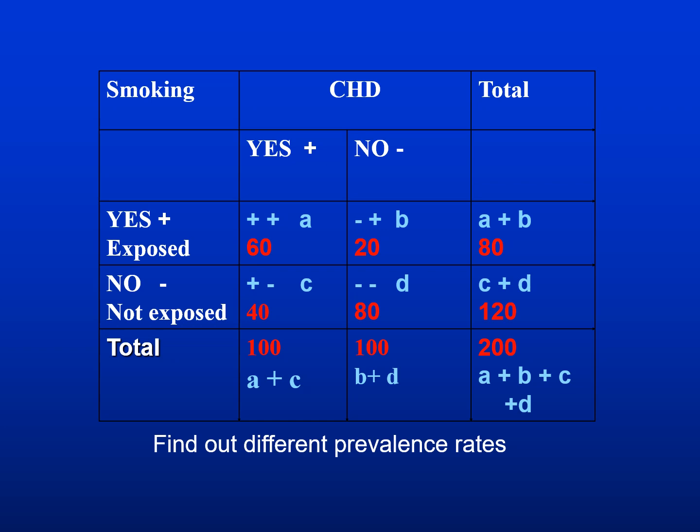If I want to measure the prevalence of disease among cigarette smokers, or among the exposed, it is 60 divided by 80 multiplied by 100. If I want to measure the prevalence of chronic heart disease among those who are not smokers, who were not exposed to smoking, this is going to be 40 divided by 120 multiplied by 100.